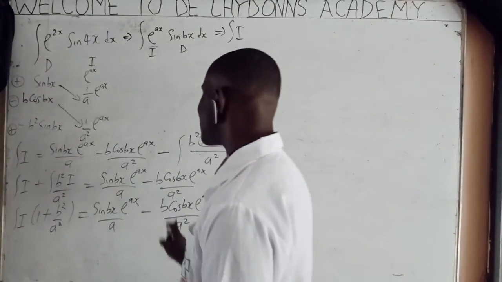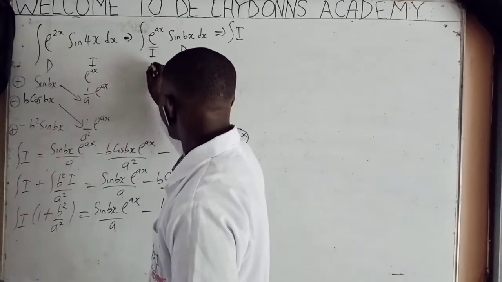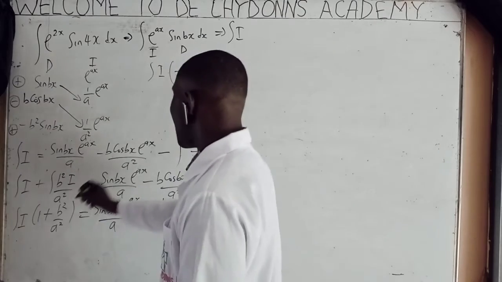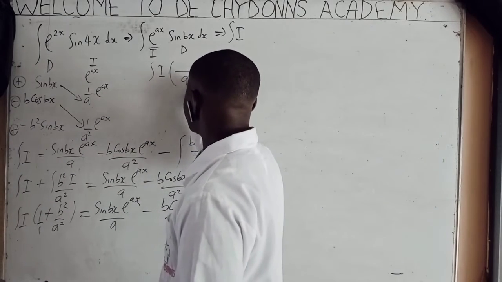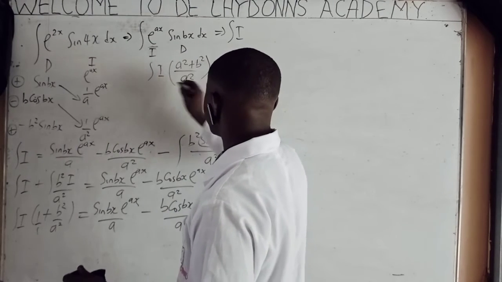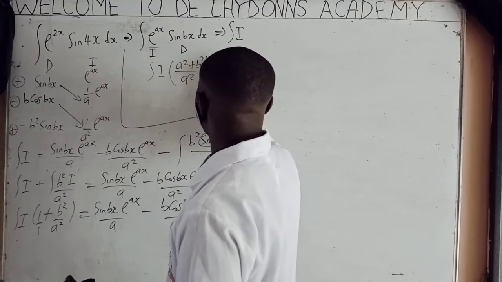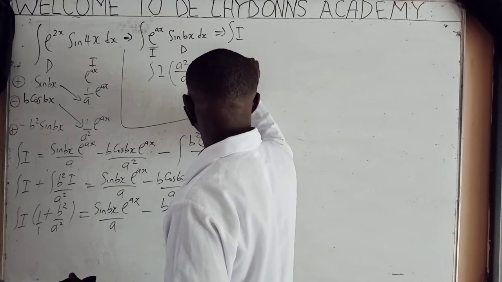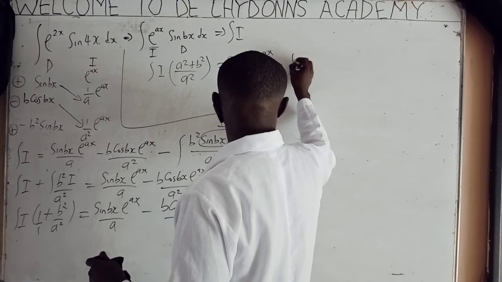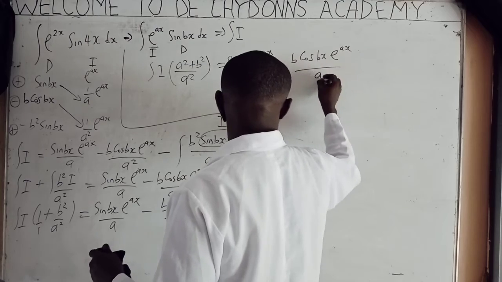Before you carry it to the other side, note that the LCM of this is a squared, that would be a squared plus b squared over a squared.